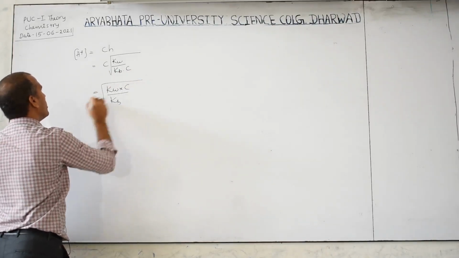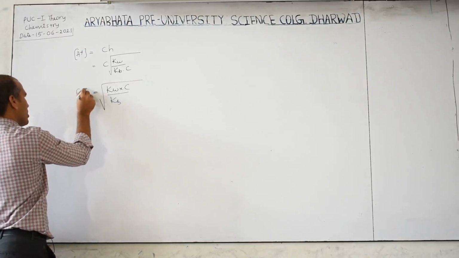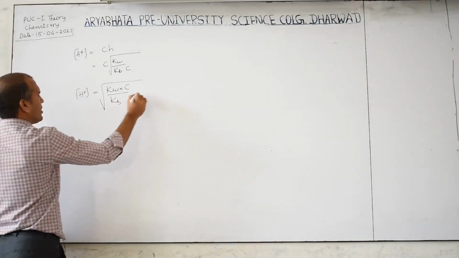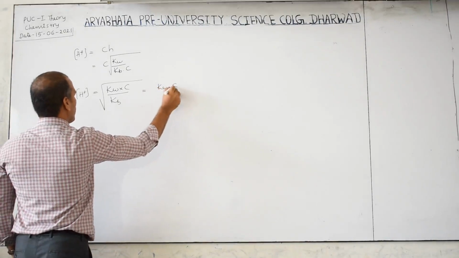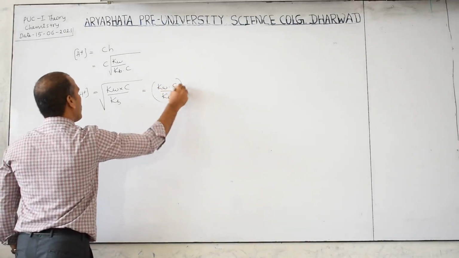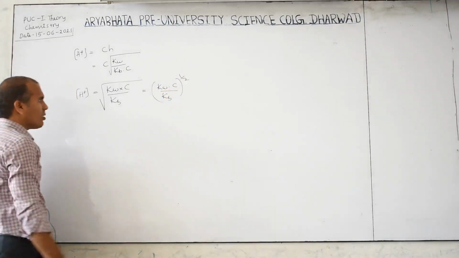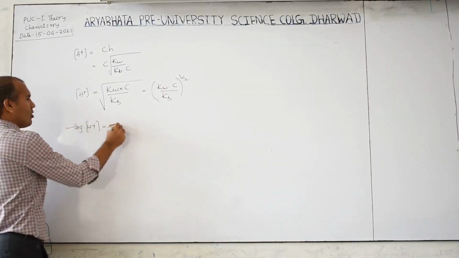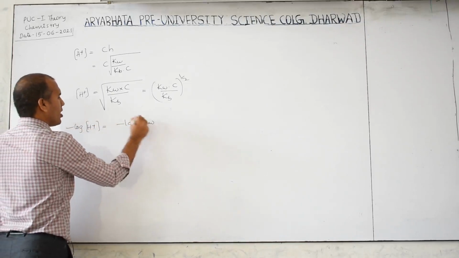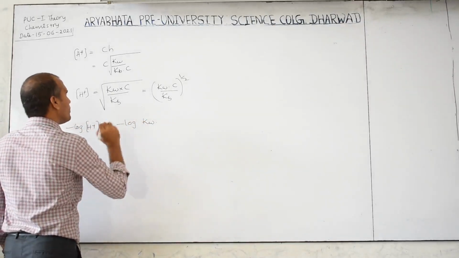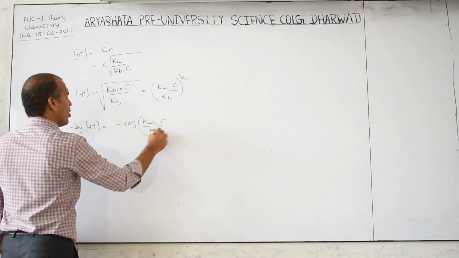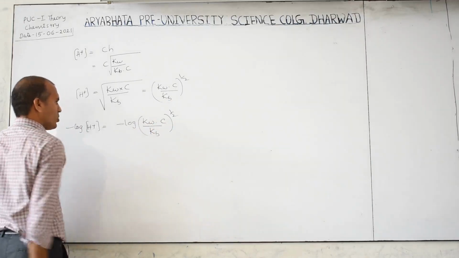This is equal to the H plus ion concentration. Now taking negative logarithm of both sides, this can be represented as Kw into C by Kb whole power 1 by 2, since root can be represented as power 1 by 2. Negative logarithm of H plus ion concentration is equal to negative logarithm of Kw into C by Kb whole power 1 by 2.